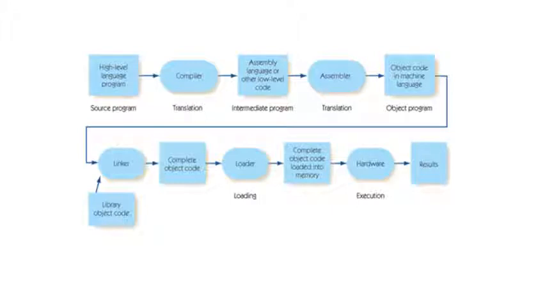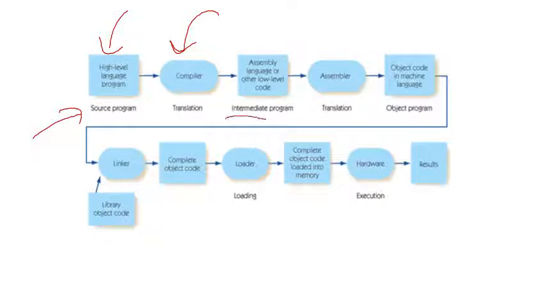So this slide summarizes the discussion about the components discussed in the previous slides. At the top level, we have a source program, which is usually represented in a high-level language. To convert a high-level language into a low-level language, the first thing you need is a translation, and for high-level languages we have compilers, which convert the whole code into another form of code.